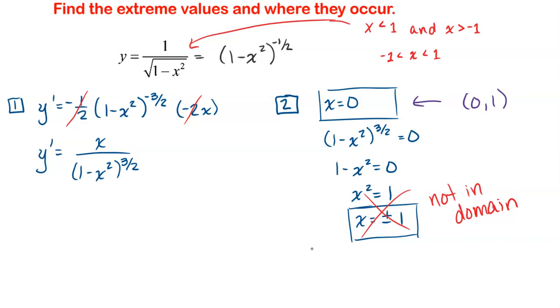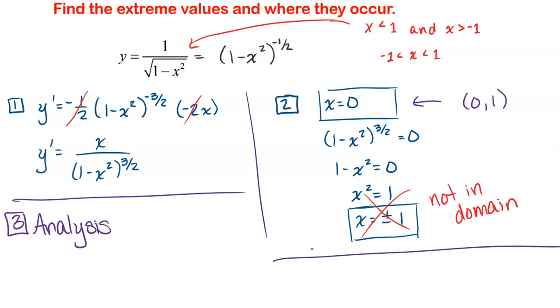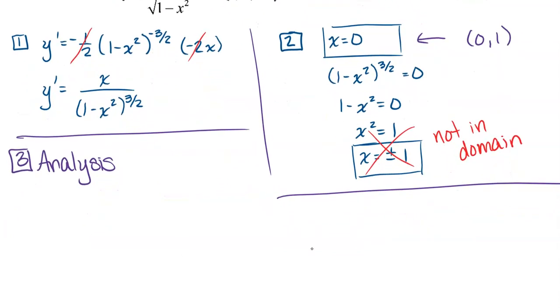So we need some other strategies here in order to do the analysis portion. We have this point, 0, 1, and nothing to compare it to. We need to figure out, is this higher or lower than the points around it in order to call it a max or a min?